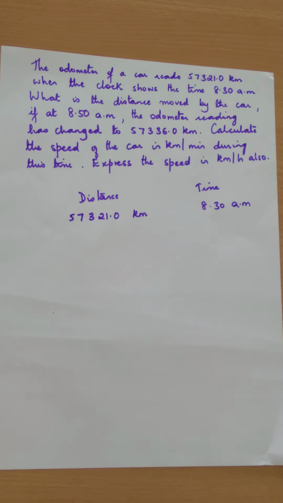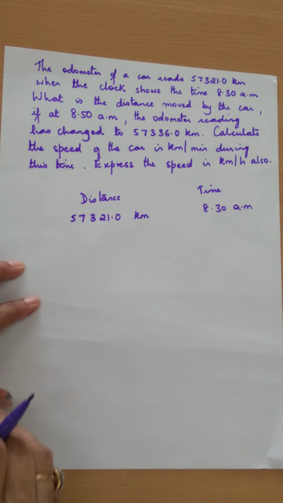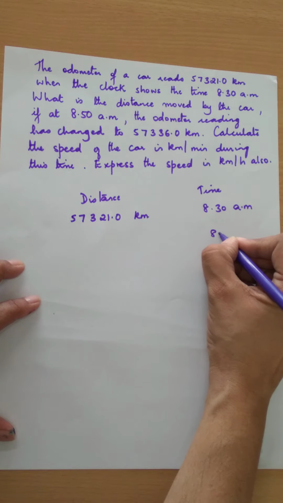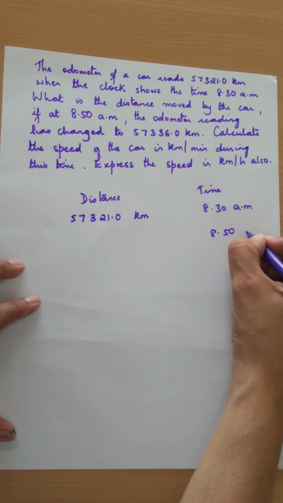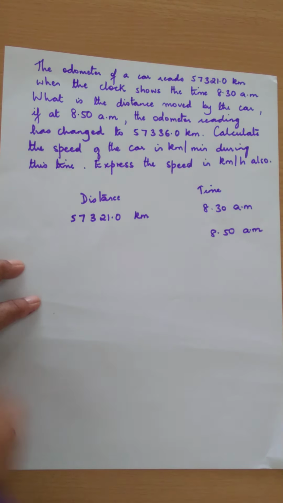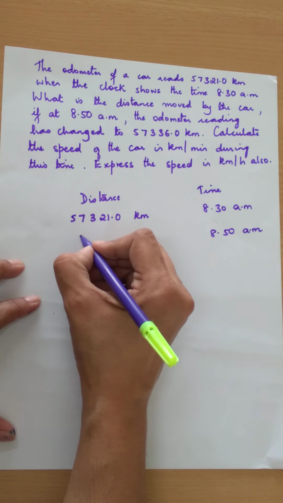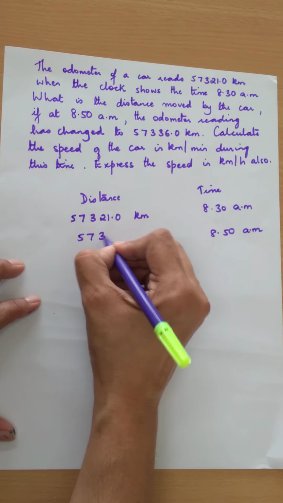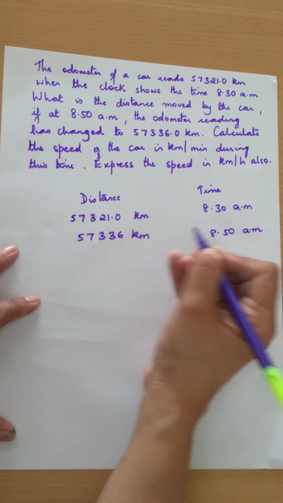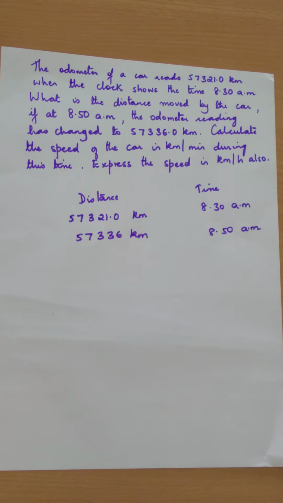As the car starts moving, it is seen that at 8:50, the reading on the odometer, which was 57,321, now becomes 57,336 kilometers. So here we have two instances.